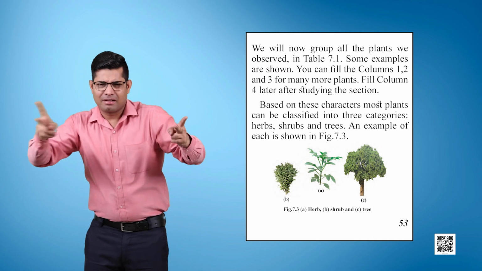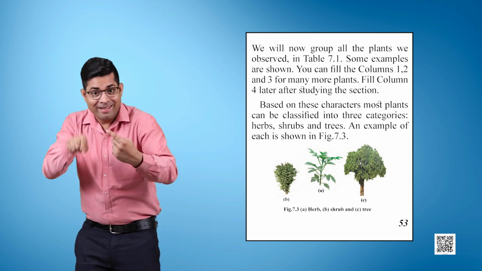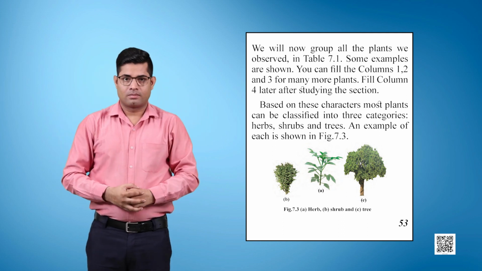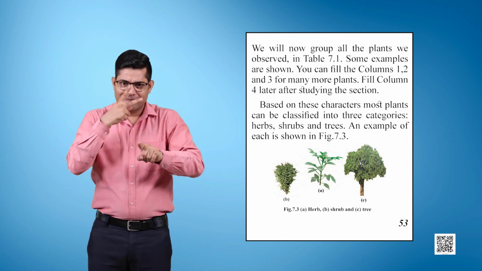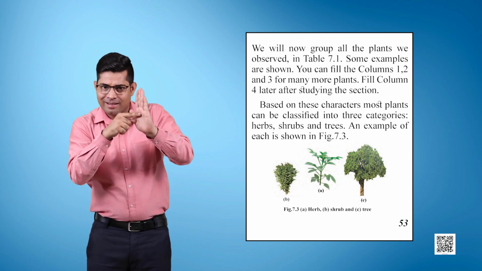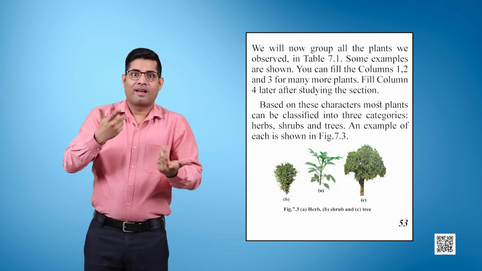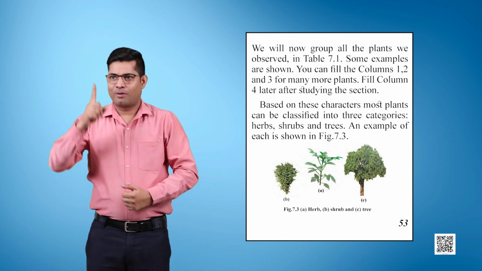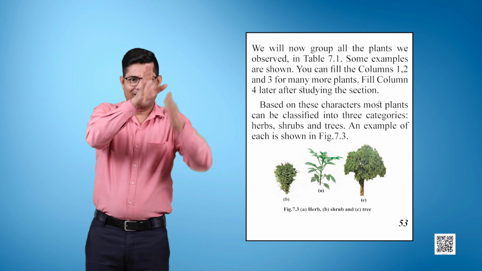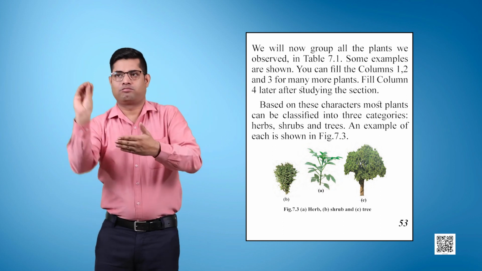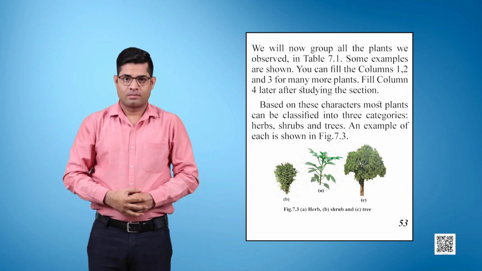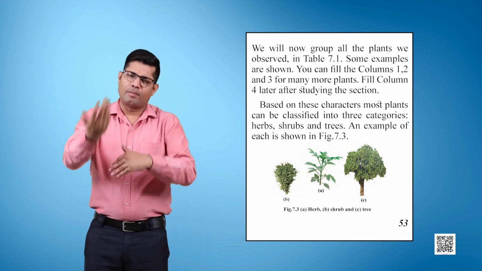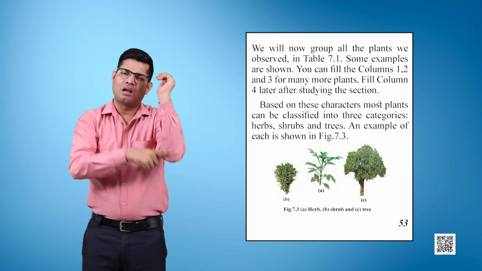We will now group all the plants we observed in Table 7.1. Some examples are shown. You can fill the columns 1, 2 and 3 for many more plants. Fill column 4 later after studying the section.